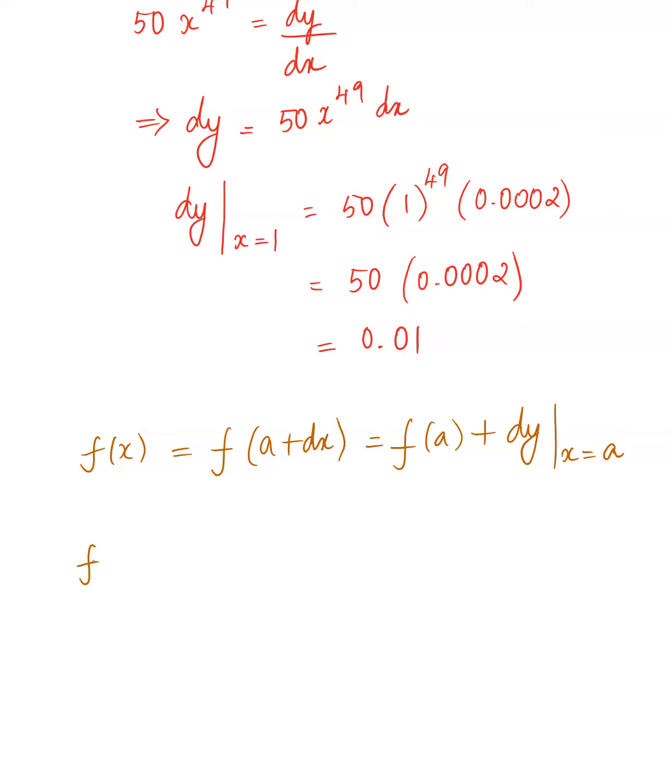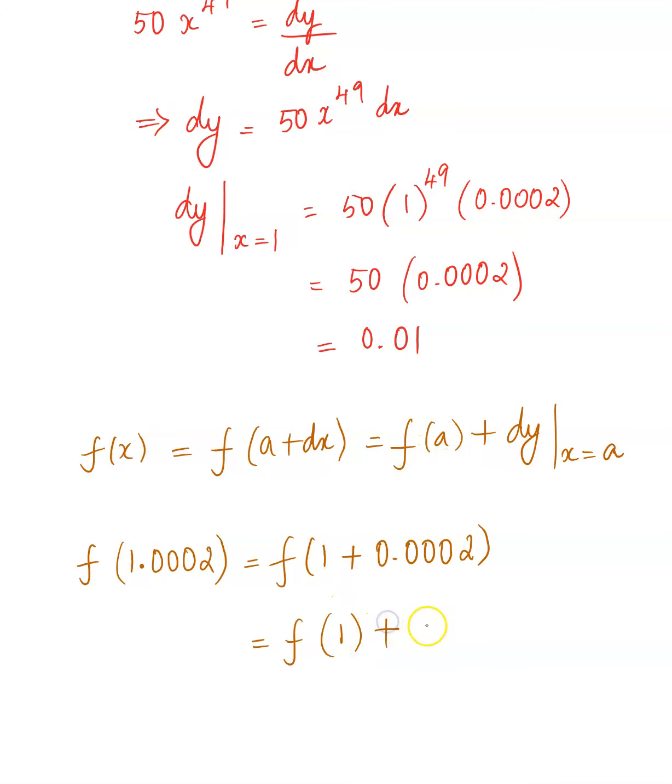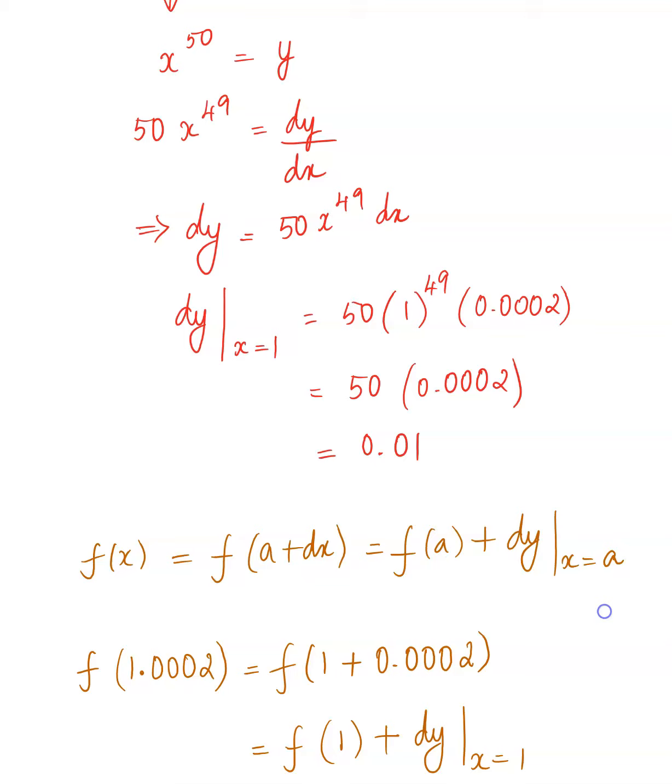So we have f of 1.0002, which was f of 1 plus 0.0002, which is f of a, in this case a is 1, f of 1, plus dy when x equals 1.